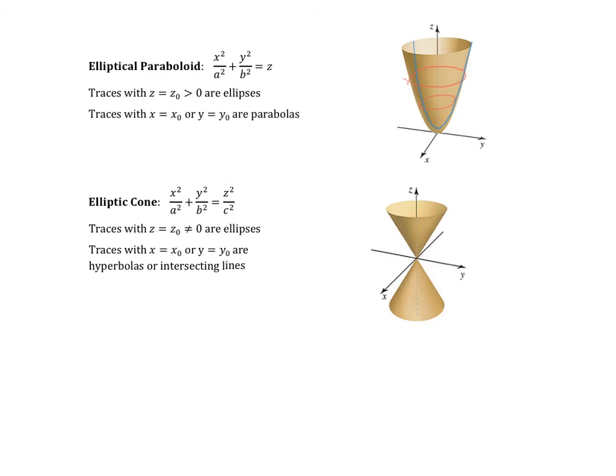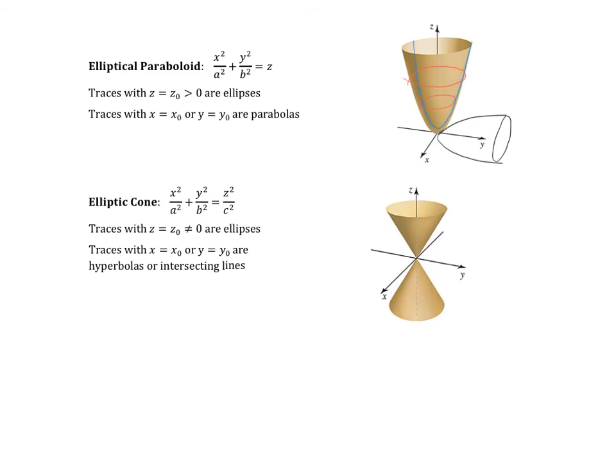So note that this particular elliptical paraboloid is symmetrical about the z-axis, but it doesn't have to be. We could look at elliptical paraboloids that are symmetrical about the y-axis or about the x-axis.